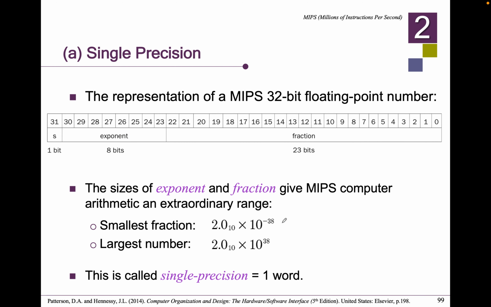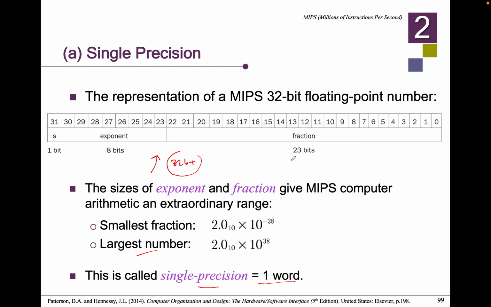The smallest number can be supported using these 32 bits, or single precision, and also the largest number, which is the upper bound for our 32-bit IEEE 754. It can also be called single precision or one word.